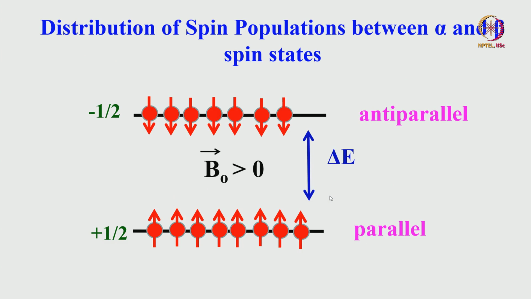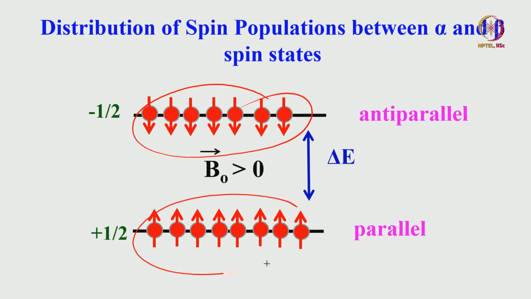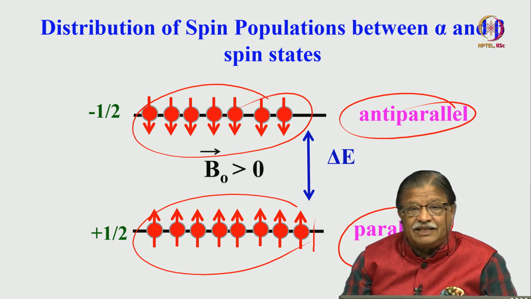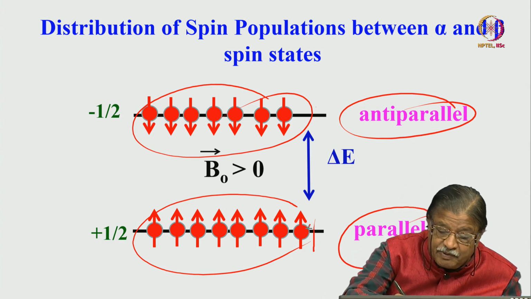Now, if I consider two energy states of a spin half nucleus, with plus half or minus half orientations, there are numbers of spins like this. There are more spins in this direction than in this direction. That is all we know. This is the anti-parallel orientation, this is the parallel orientation. So, the advantage is there are more spins here than here.